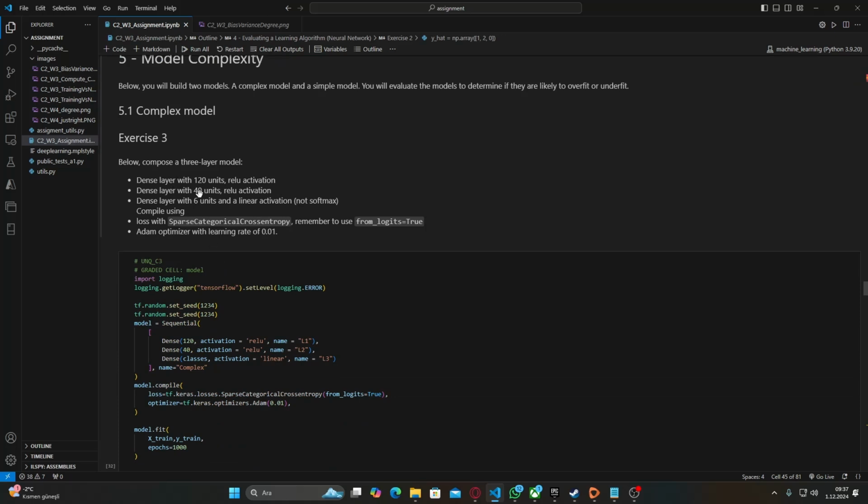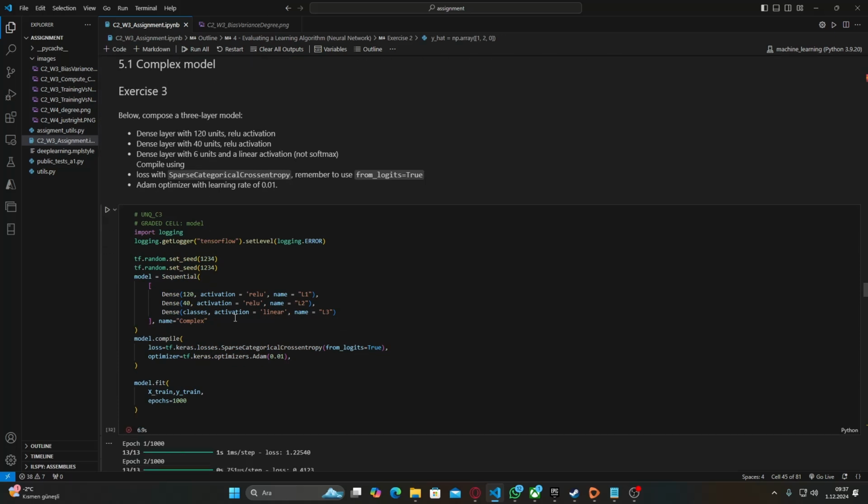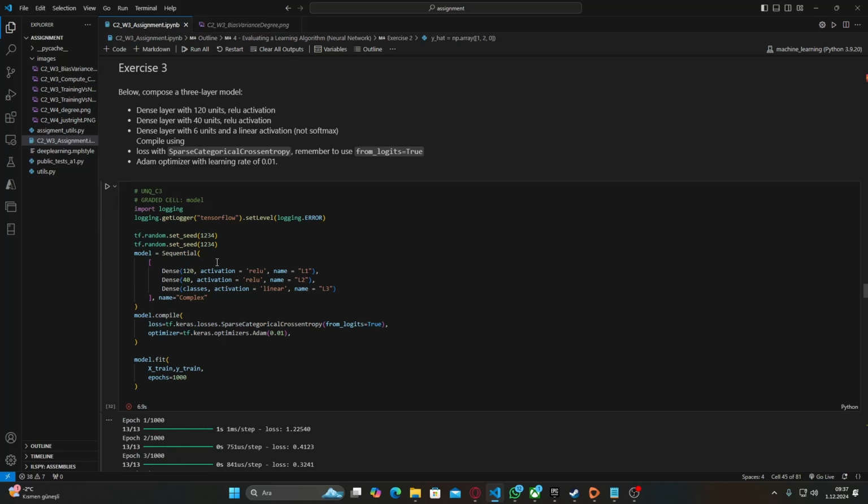Okay, the dense layers are given for us, and as I said here, I can explain. Let me see, did I make a mistake in here?